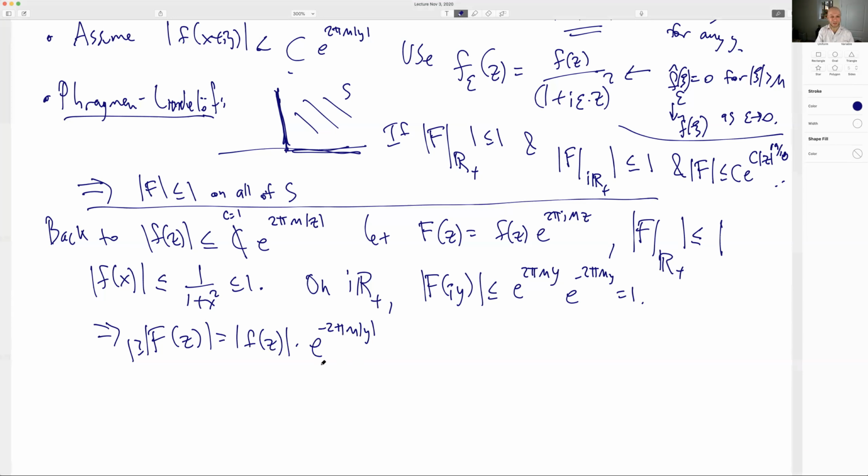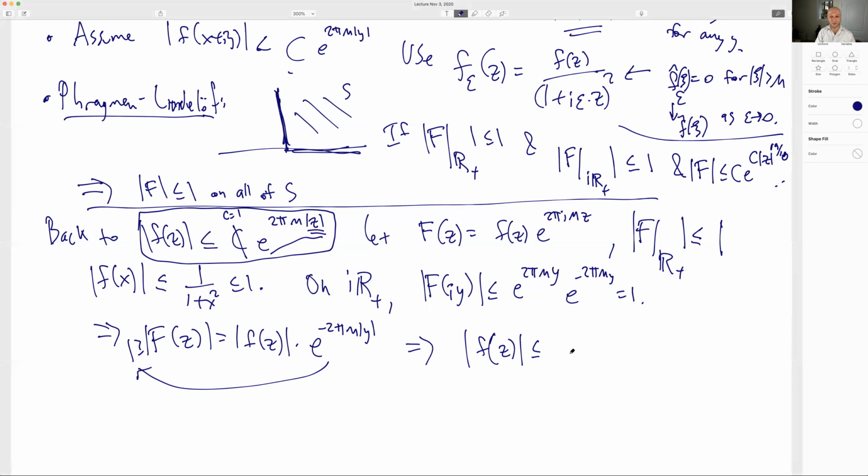And so I move this to the other side, and what we've shown is that if we only assumed at worst exponential growth in z, then that implies at worst exponential growth only in the imaginary part.